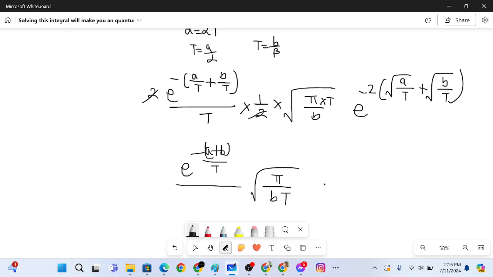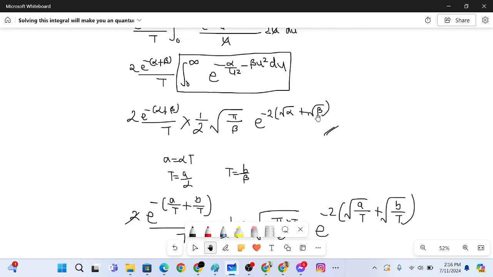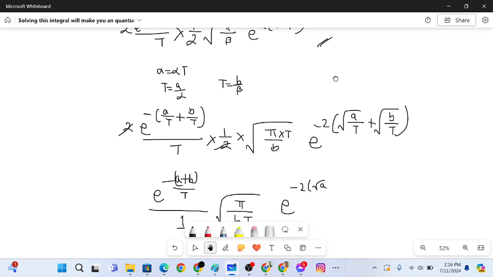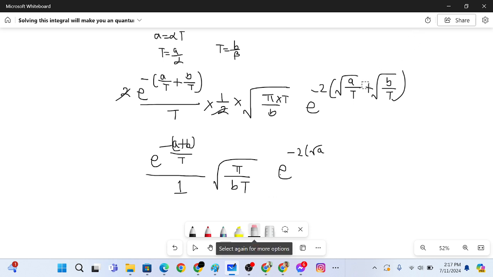Over here it is e to the power minus 2 root a. Okay, wait a second, this is not actually the sum, this is the product. My bad. This is actually root ab, and I will derive this solution in some time. Wait for that, but for now I'm just trying to get the main solution. So this is actually the product, not the sum. I'm sorry for that. So we have 2 root ab by t.